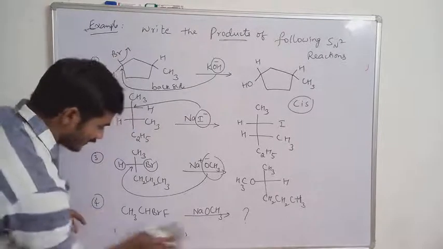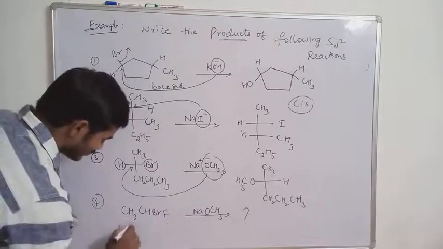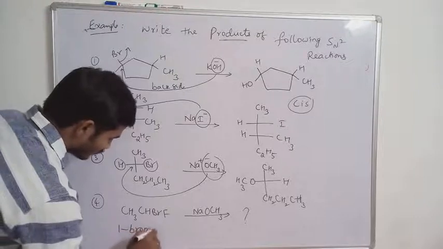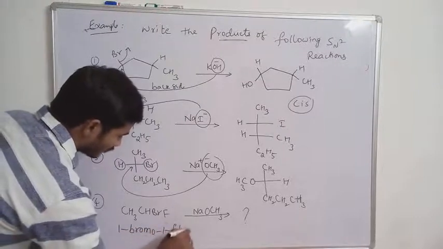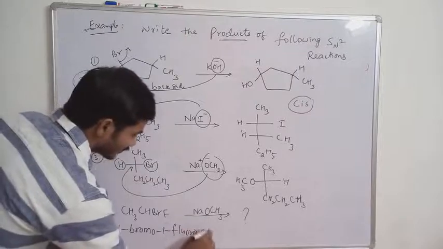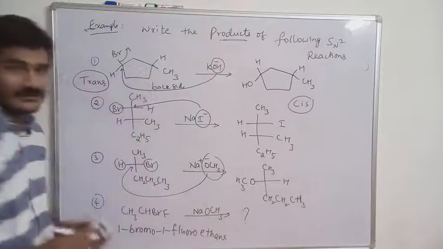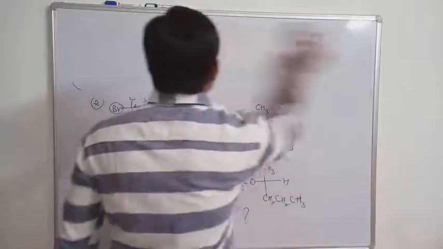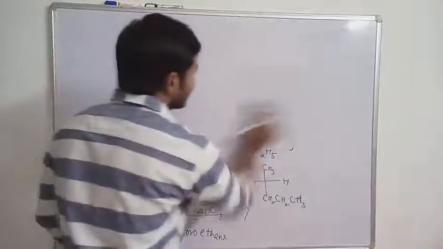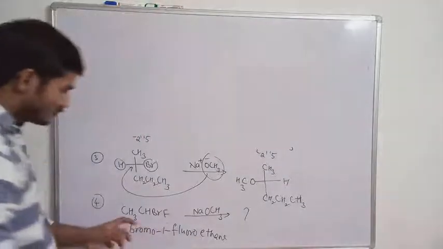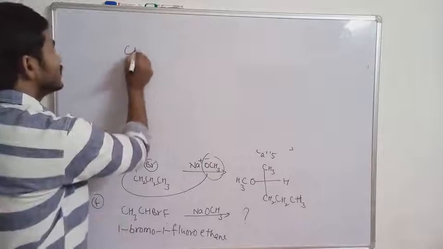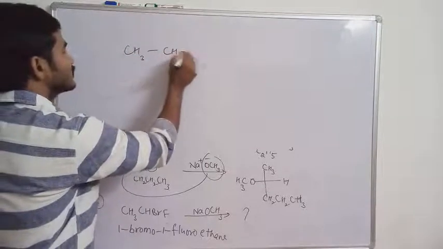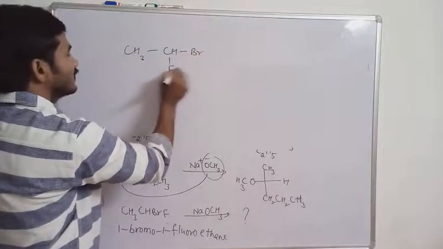First bromine comes according to alphabetical order. 1-bromo, 1-fluoro, ethane. Write the product. Now the question is, the product you can write easily, but what we have to remember is which group is eliminated here. CH3, CH, Br, F.